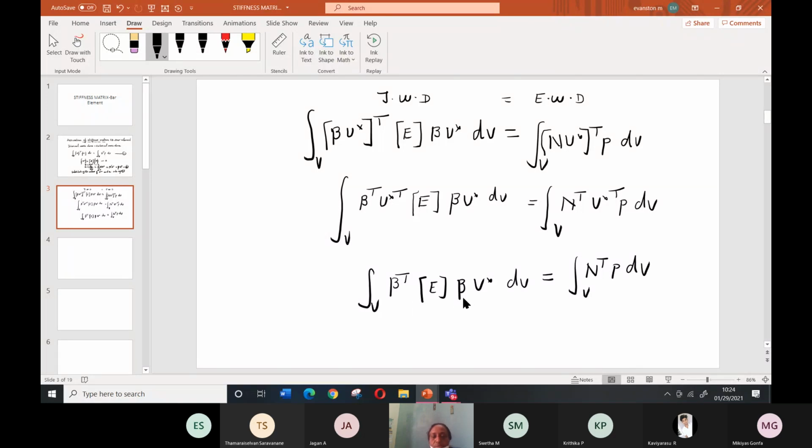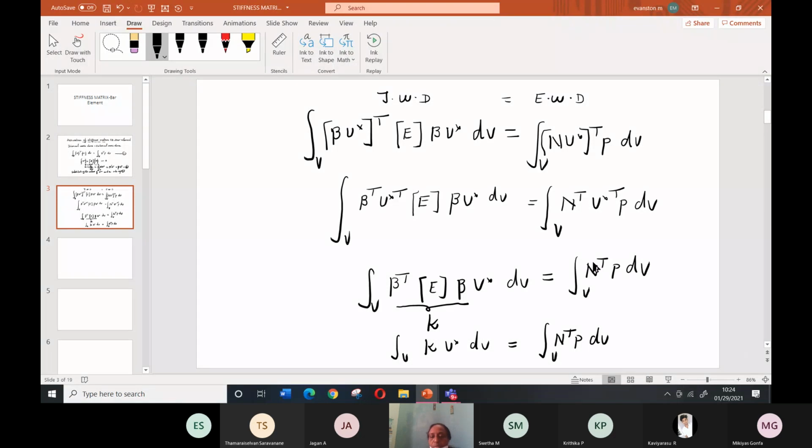What do you understand from this term? If I take this as K, like in the case of frame, R transpose K into R, do you remember? Like that, beta transpose E beta. If I take this as K, then my equation will become K into U star into dV is equal to the integral of N transpose P into dV.